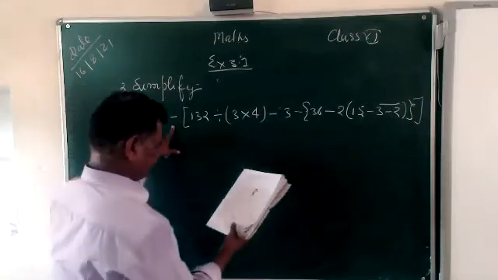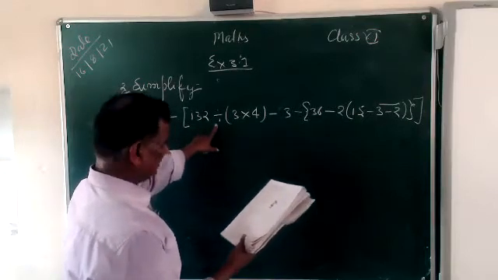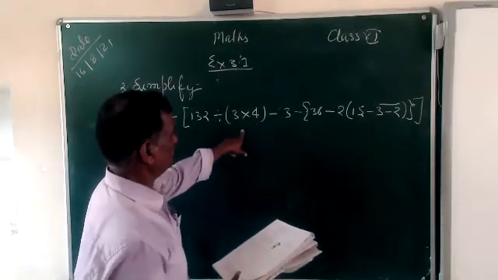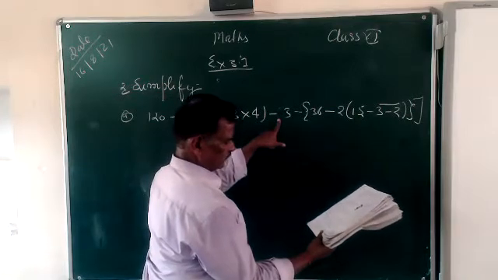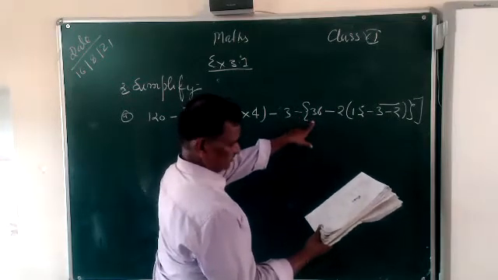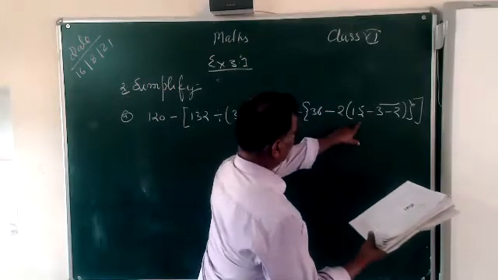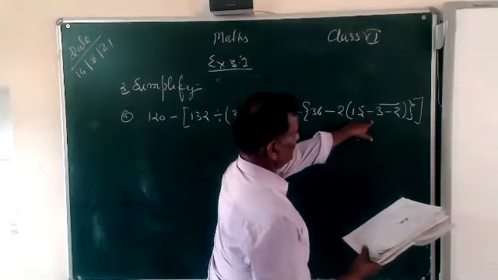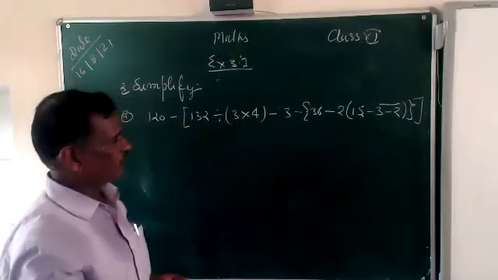See one more time. 120 minus, in square bracket 132 divided by 3 into 4, in common bracket 3 minus 3 minus, in curly bracket 36 minus 2, 15 minus in 3 minus 2 in bar bracket, common bracket, curly bracket and square bracket.